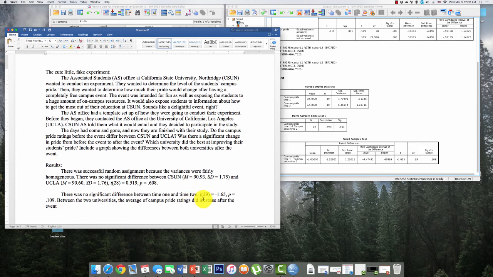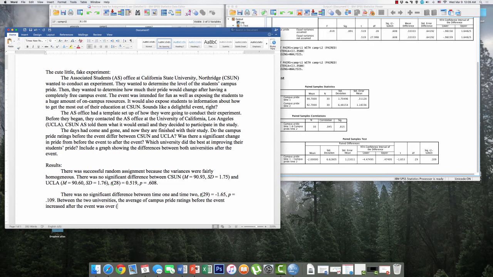Okay, so between the two universities, average of campus pride ratings before the event did increase after the event was over. Between the two universities, average of campus pride ratings for the event increased. Okay, so solve that dilemma, I'm hoping, correctly.